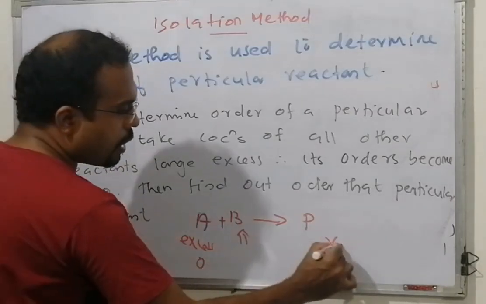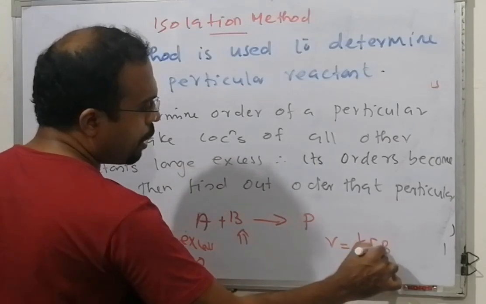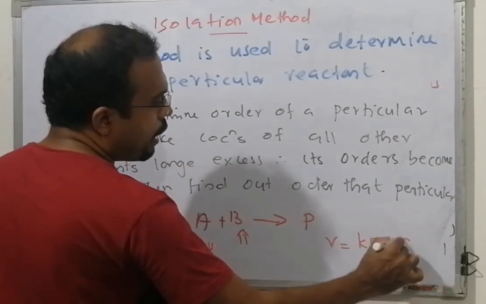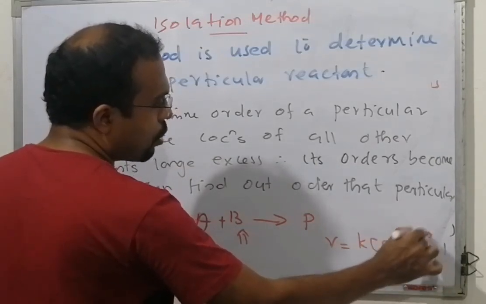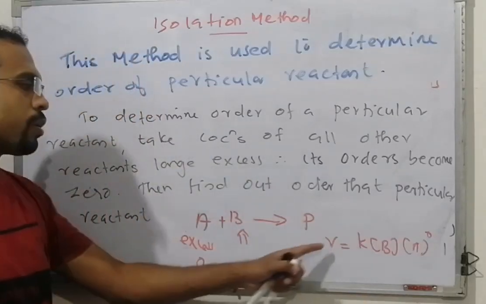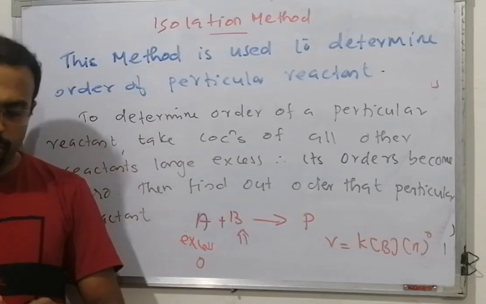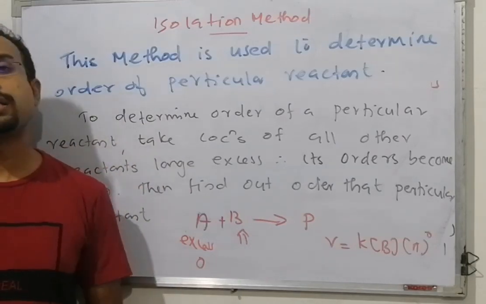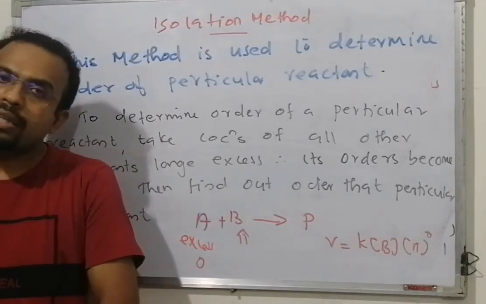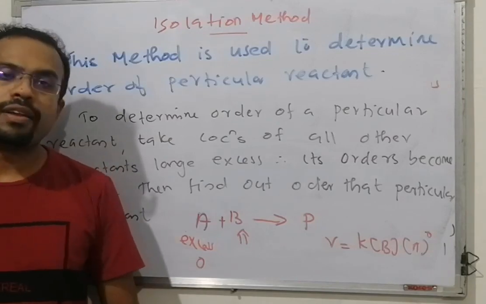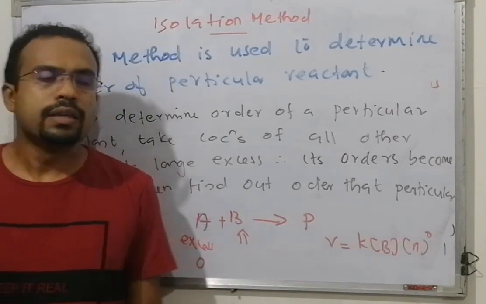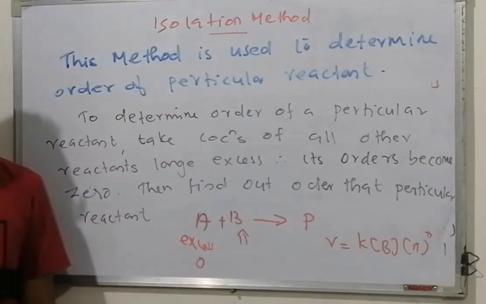Therefore, rate is equal to K into B, and A raised to 0. A raised to 0 is 1. Therefore, rate depends upon only B. Then you can calculate the order of B with respect to differential rate expression or integral rate expression, or using half-life methods. Okay, this is the isolation method.